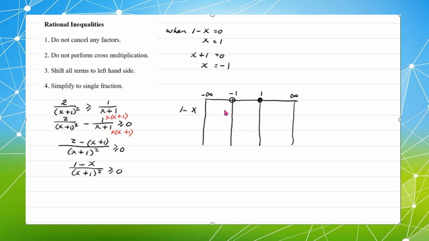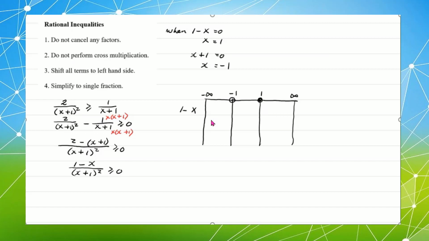Then we substitute x equals -2 into 1 minus x, and we find that the value is +3. However, we are not interested in the value, but we just want to know whether it is positive or negative.